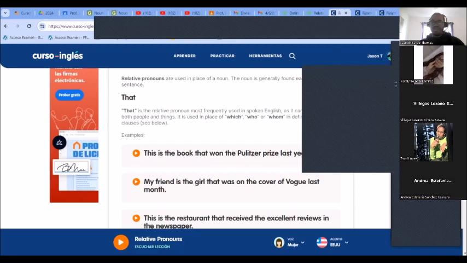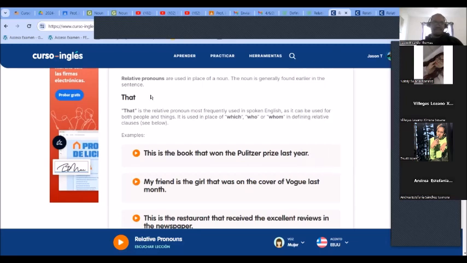Eduardo, when do we use that? That is the relative pronoun most frequently used in spoken English, as it can be used for both people and things. It is used in place of which, who, or one in defining relative clauses.